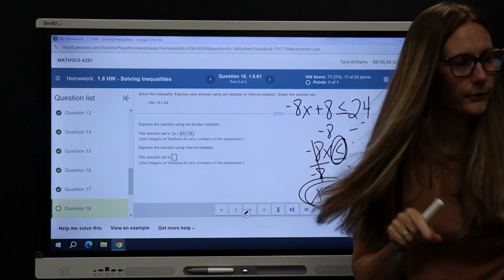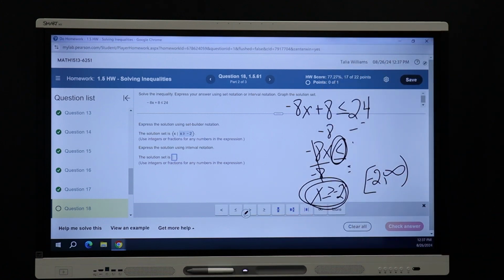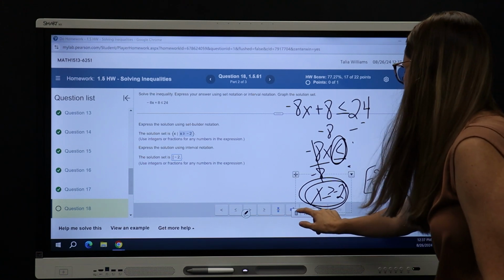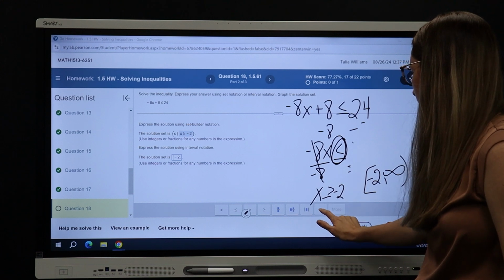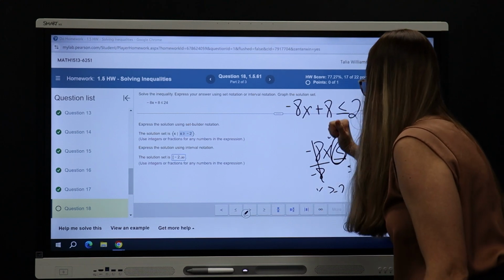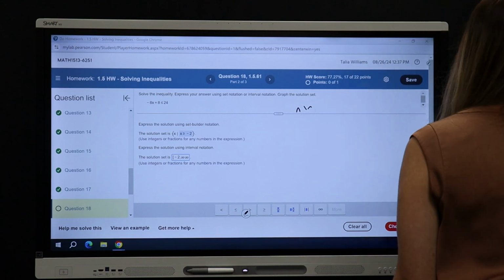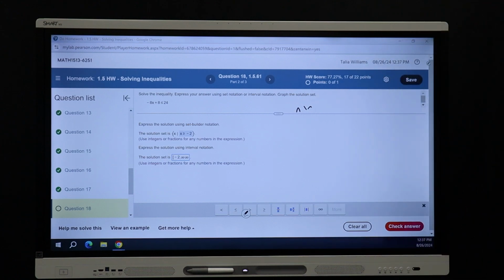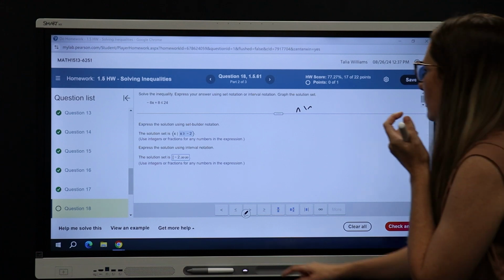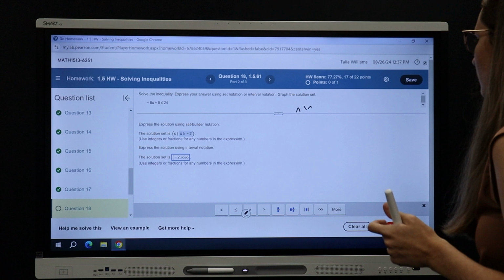Infinity always gets parentheses. Get rid of infinity. Put a parenthesis with it. I'm struggling right now.